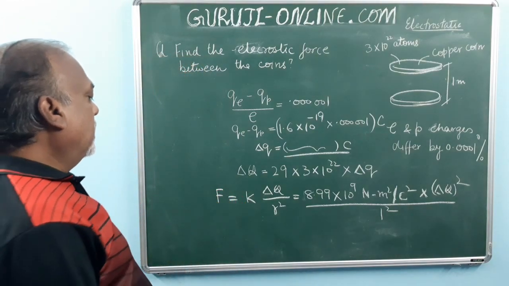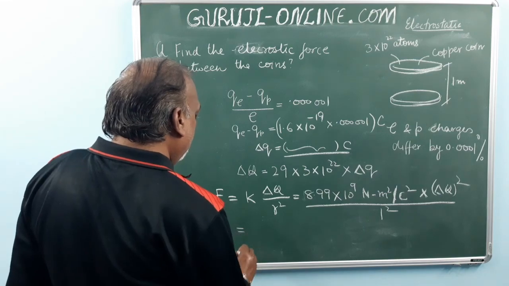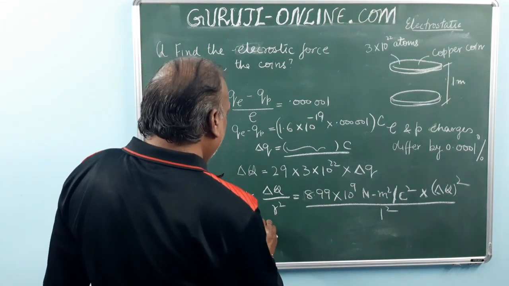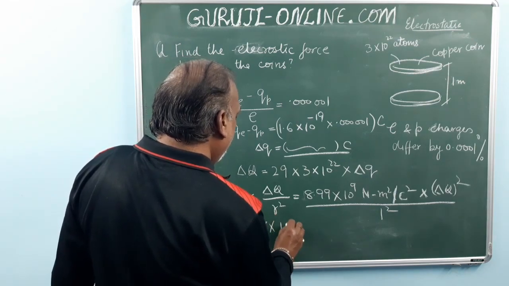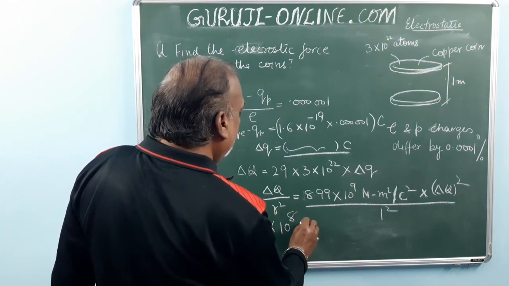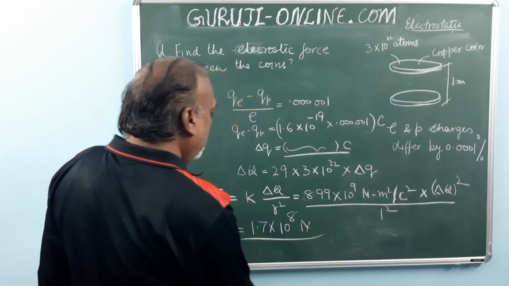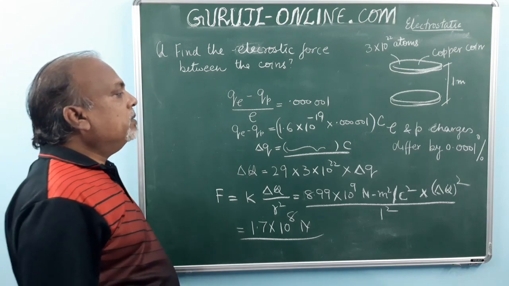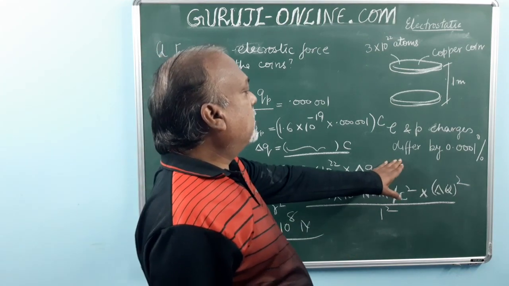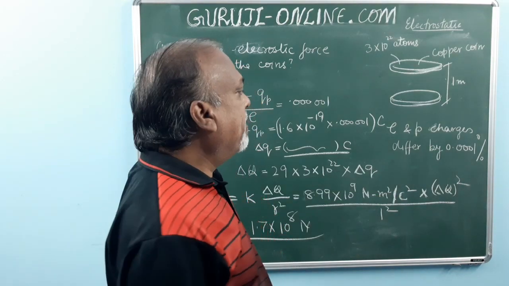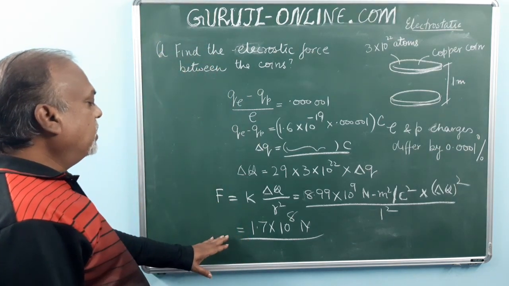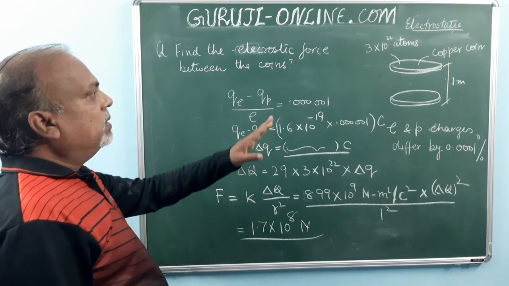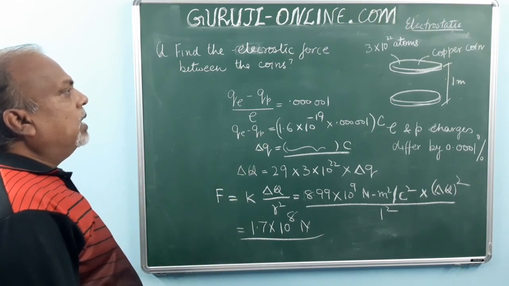When you solve this, your answer will come like this: 1.7 into 10 raised to 8. You see how big this force is. With a little difference between the charges, this much of force they will be experiencing, repulsive force, this copper coin.